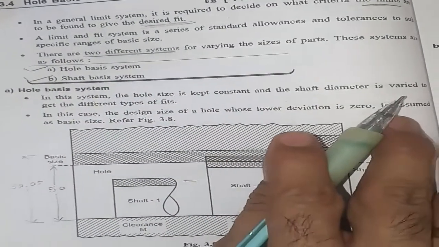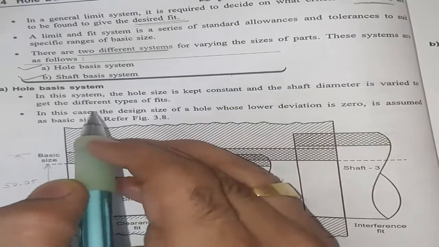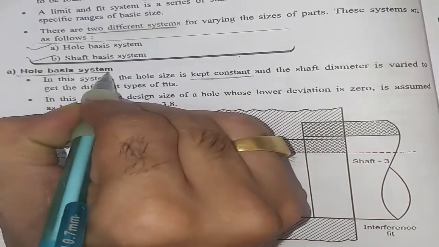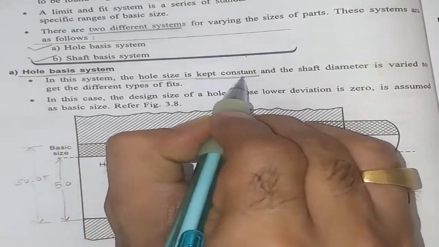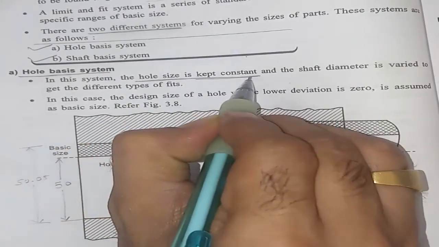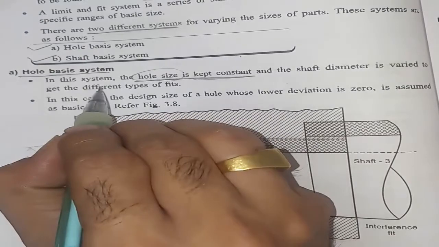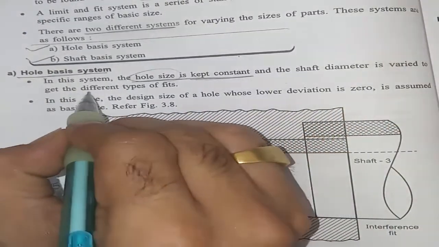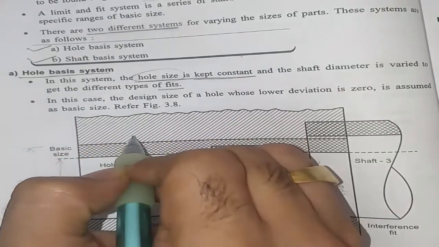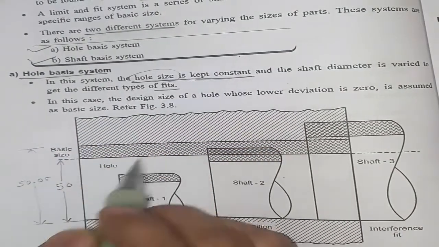Now let us discuss the hole basis system. In the hole basis system, the hole size is kept constant, okay? So we keep the hole size constant, and the shaft diameter is varied to get the different types of fit, right? Let us understand by this figure.